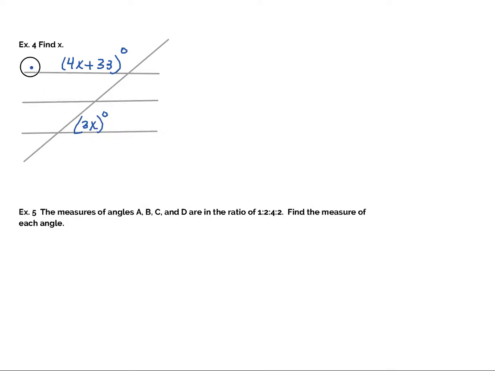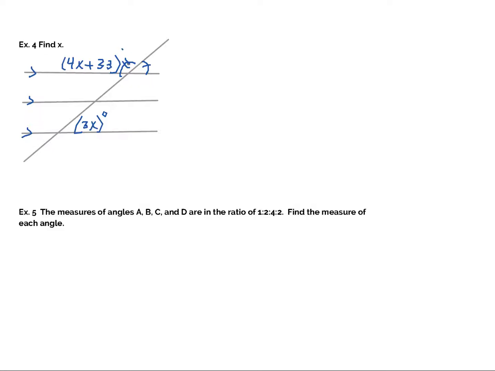Remember some things that we learned about parallel lines. These angles, if they are on the opposite side of the transversal, these two right here, like this one and this one, they are not congruent. This one is the larger angle, and this one is the smaller angle.